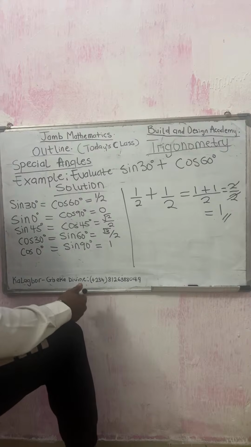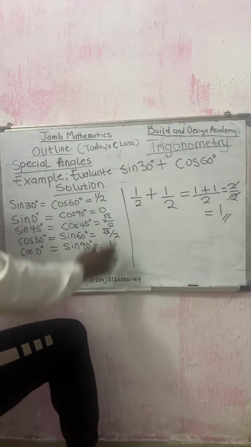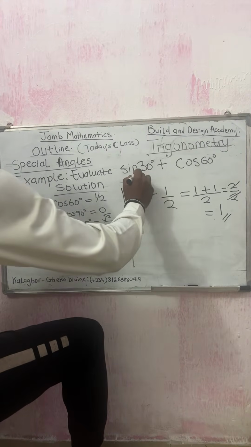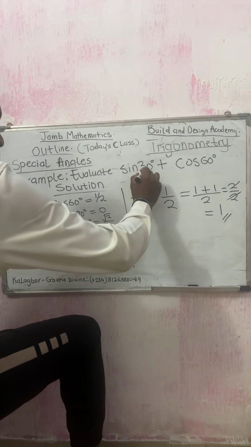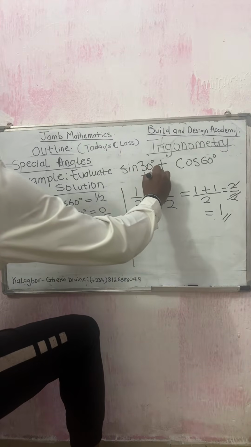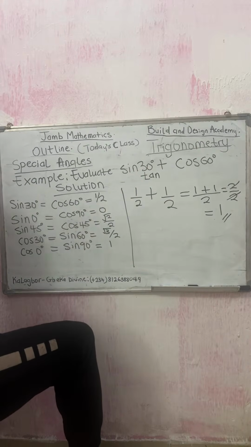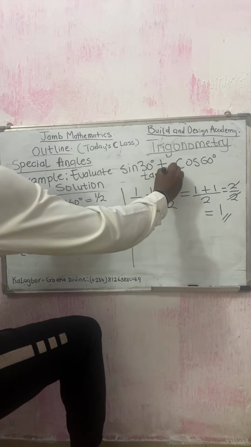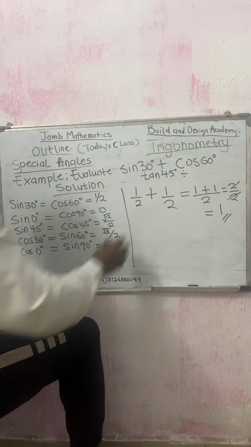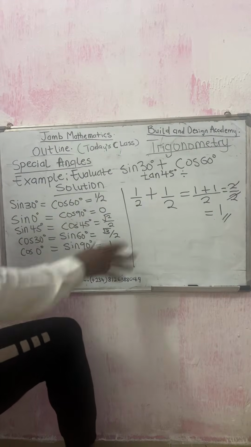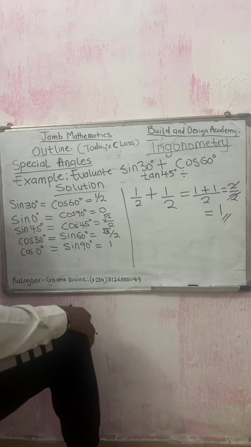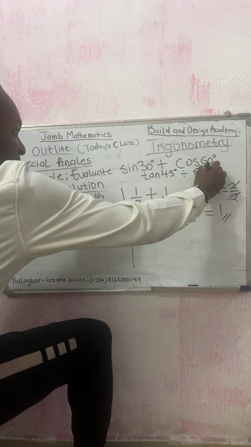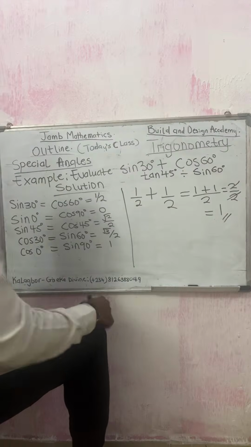Now, let's take another example. Let's say we are asked to evaluate tan 45 degree divided by, I just want to choose a random angle, sine 60 degree.